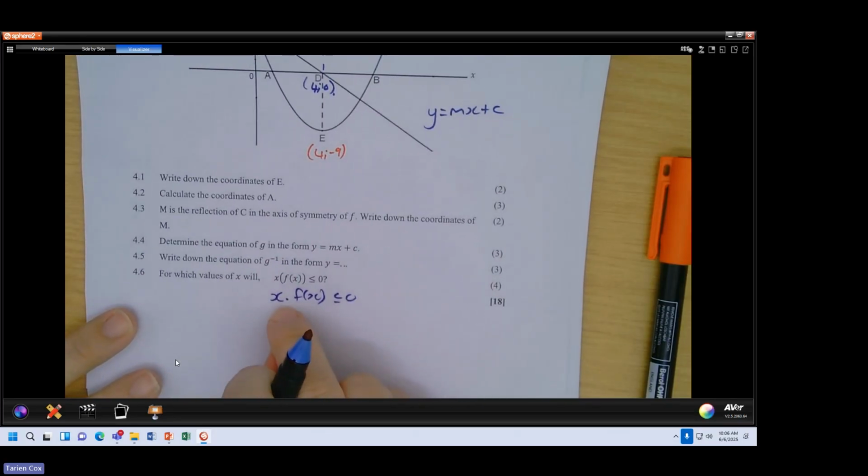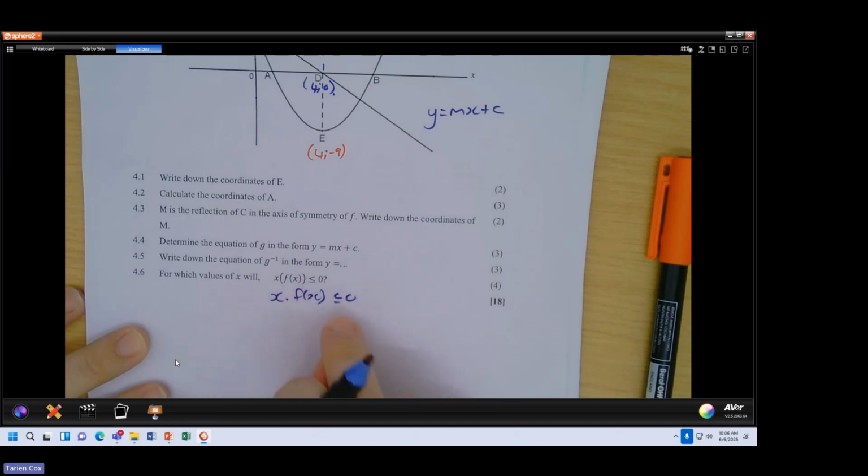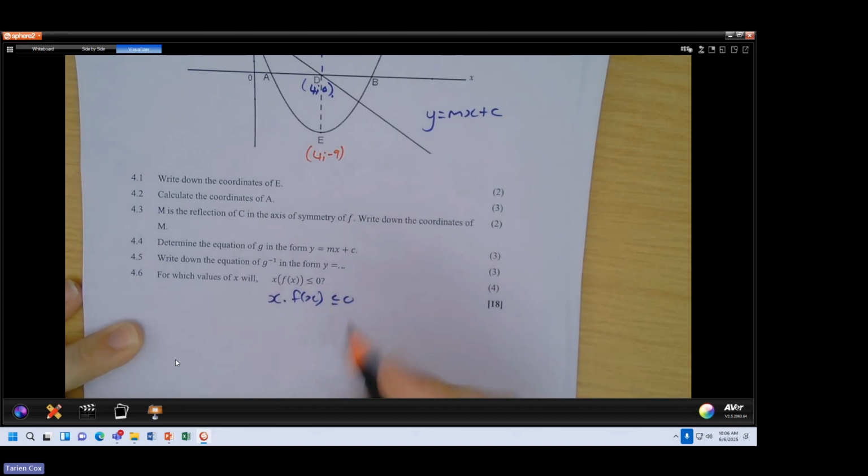When I have a multiplication, you need to ask yourself, what will I end up having? This question says smaller than 0, so I need to ask myself, what values give me smaller than 0? The values that are negative are smaller than 0. So what times what gives me a negative?